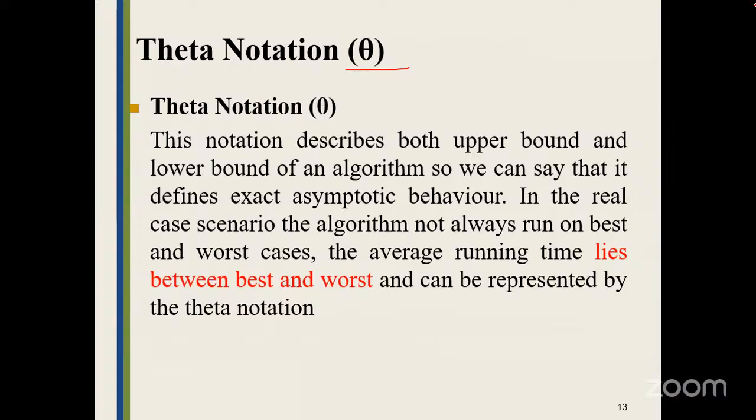In the real case scenario, the algorithm does not always run in the best case, and it may not always run in the worst case. So this is the average case. The average running time lies between the best and worst, obviously, and it can be represented by the theta notation.